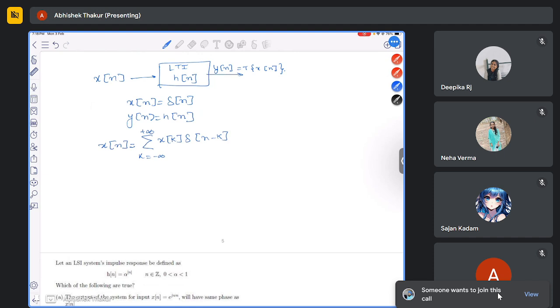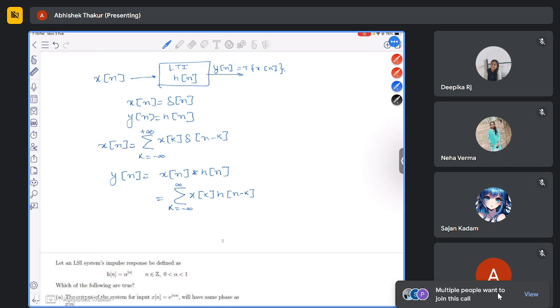Okay. So basically we can also write y[n] is equal to, in this case, x[n] convolved with h[n]. So the convolution equation is the summation of x[k] times h[n minus k], and k is from minus infinity to plus infinity.